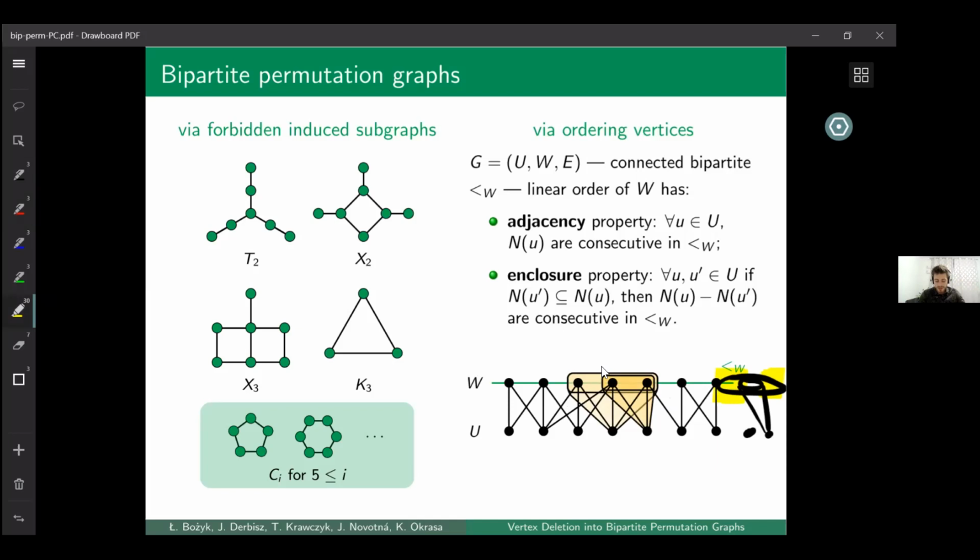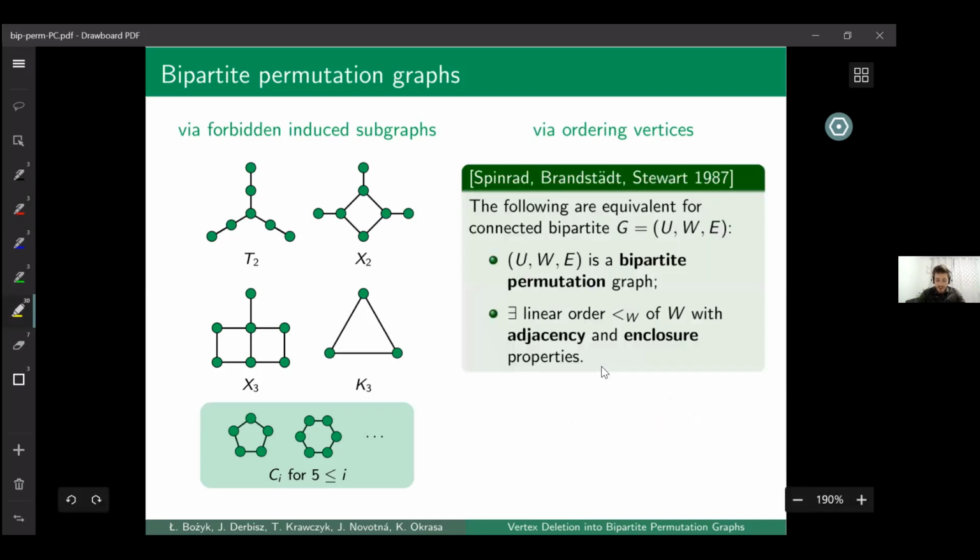This is the enclosure property, and it turns out, surprisingly, that bipartite permutation graphs are precisely those bipartite graphs whose every connected component admits an ordering of one of the parts, and symmetrically of the other part as well, that satisfies both these properties, adjacency and enclosure.